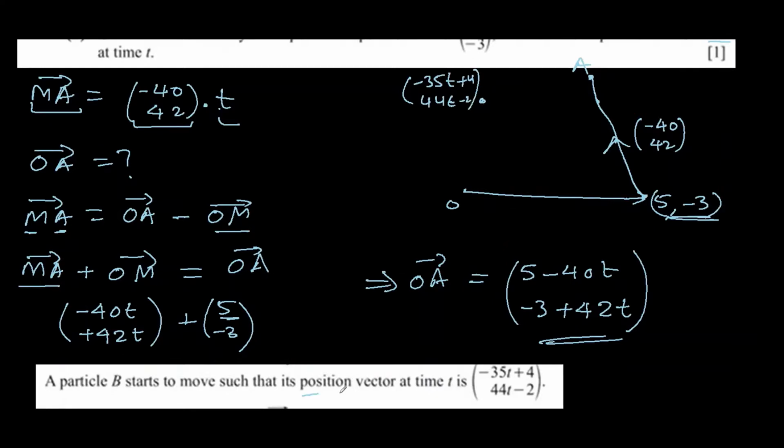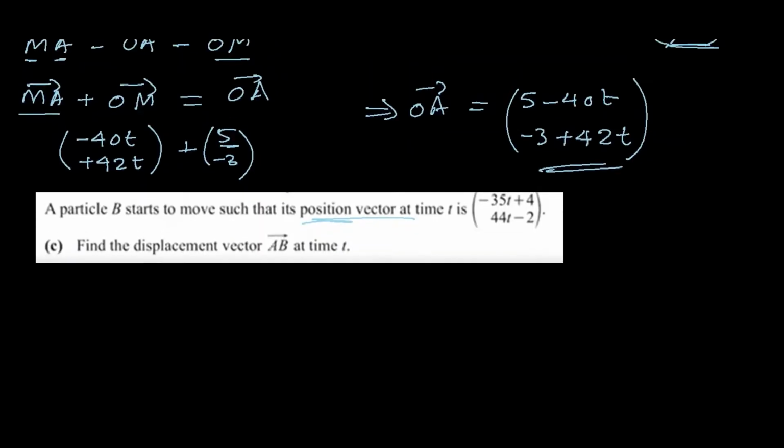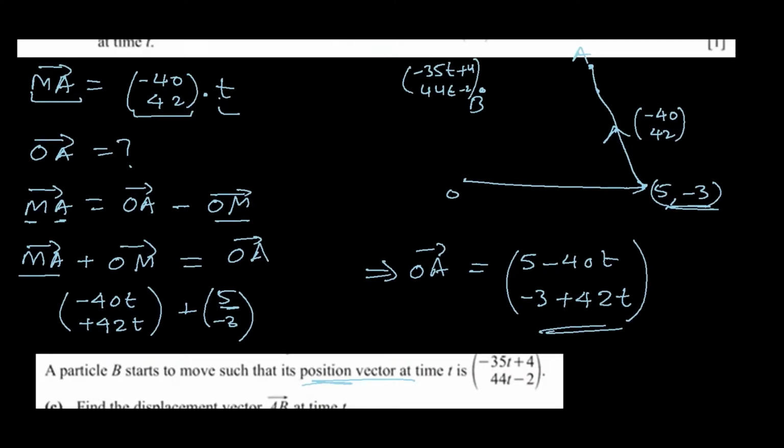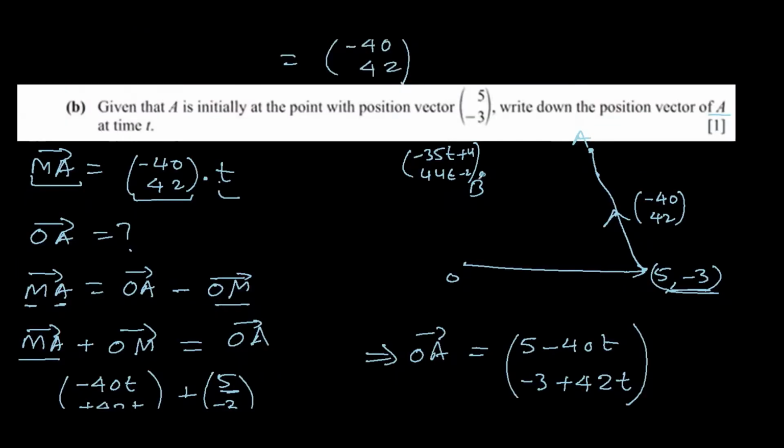This is the position vector of B. Find the displacement vector AB at time t. So we have to find AB. From A, reaching B here, this vector we want.